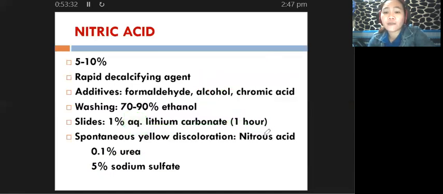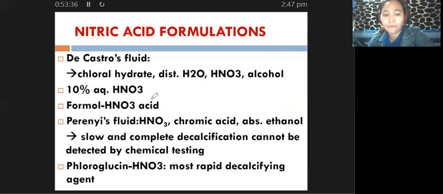So what are the different nitric acid formulations that we use in histopath? The first one is your decastrous fluid. This is useful for the decalcification of nerve fibers, especially if you are going to make use of silver impregnation as the staining technique later on.